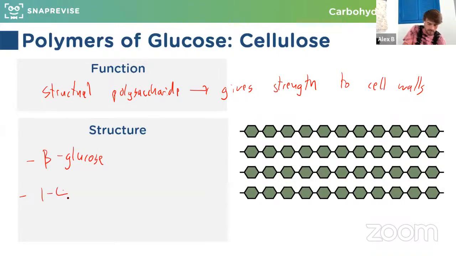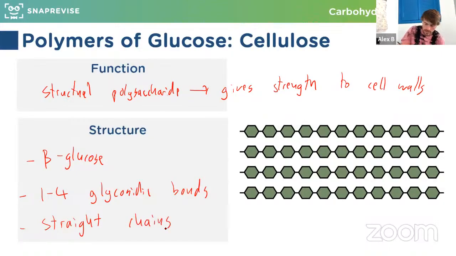Again, it's got 1,4 glycosidic bonds. And it forms straight chains. This is because the carbon 6s are pointing up and down. Each one is pointing a different direction. And the same here. So they form straight chains.